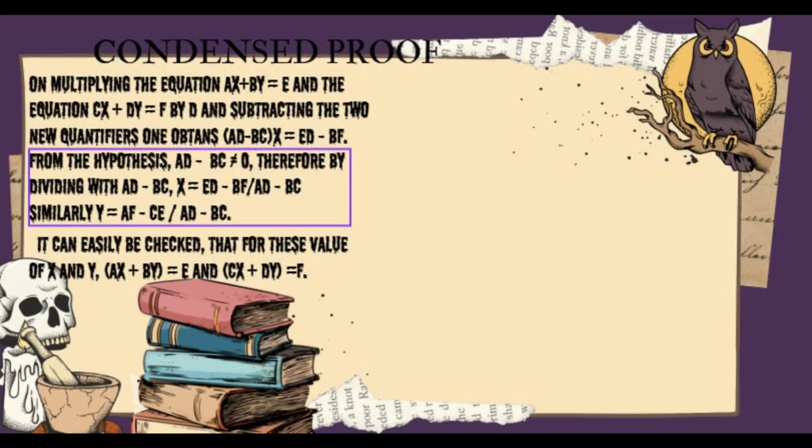Therefore, by dividing by ad minus bc, x equals (ed minus bf) over (ad minus bc). Similarly, y equals (af minus ce) over (ad minus bc). It can easily be checked that for these values of x and y, ax plus by equals e, and cx plus dy equals f.